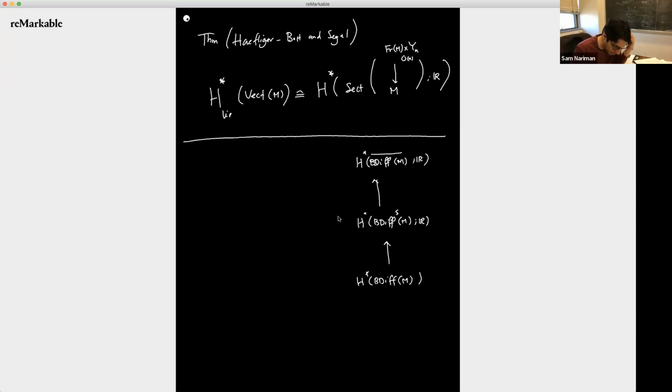And so there is no candidate to put here. There's a candidate to put here, which is just the Lie algebra cohomology of vect of M. So that's the only part of the diagram that we can fill in if you want to have the same sort of diagram of characteristic classes.